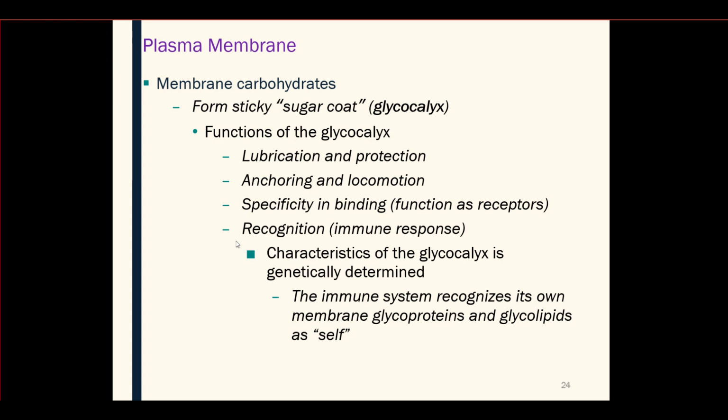You're going to study this much more in AMP2 when we study the immune system and how it recognizes its own cells. Okay, so lubrication and protection, anchoring and locomotion, kind of like a receptor, and also recognition. It allows our own immune system to recognize our own cells as ours.